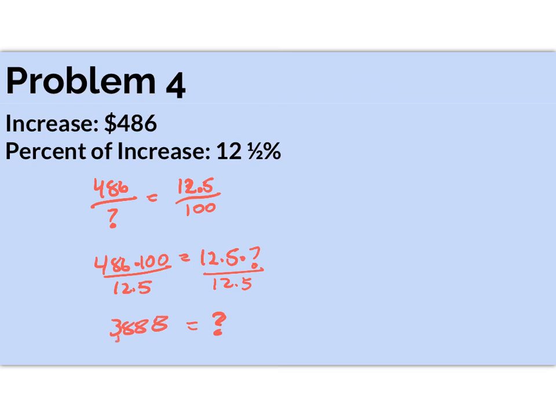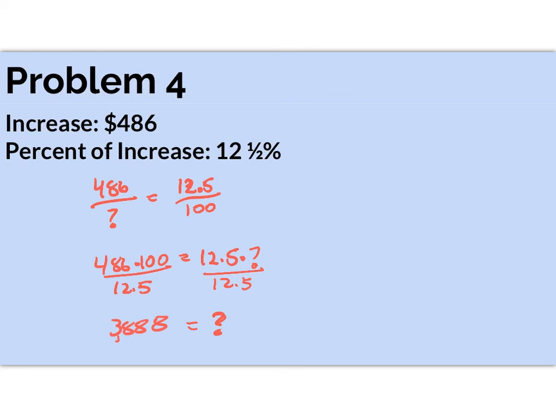Or if you have a calculator, you could use parentheses and put everything in on one line. I didn't ask a question in problem 4. So the increase was $486. The percent of increase was 12.5%. So our amount was 3,888, and that was the original amount.